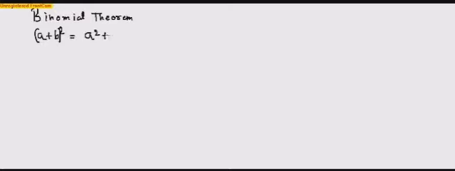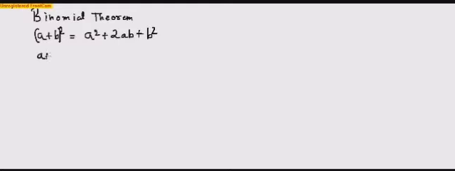Guys, today we will be dealing with the binomial theorem in this video. To start with, let us see a pattern. (a + b) whole square will give you a square plus 2ab plus b square, right?